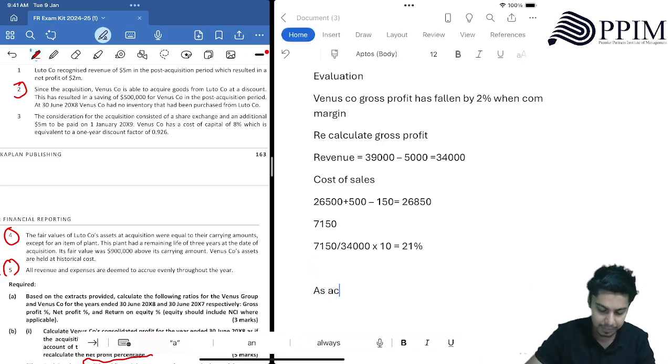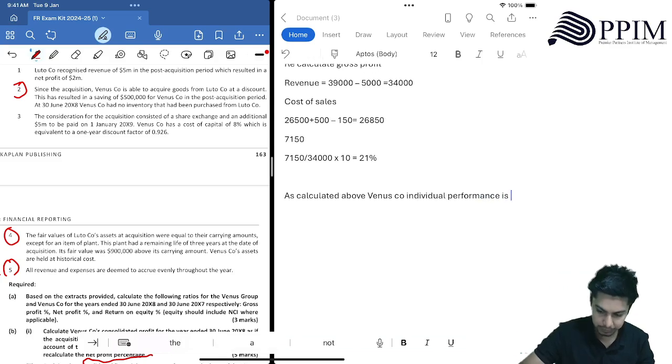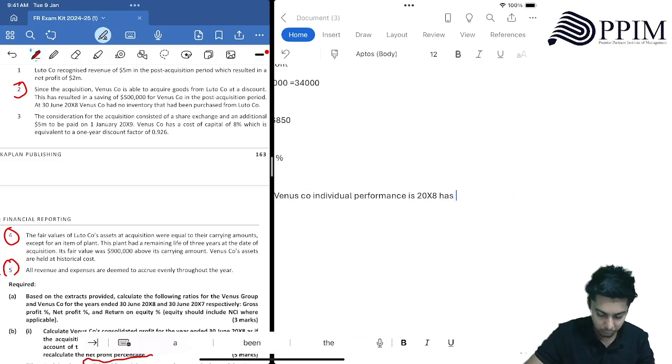Okay, as calculated above, now let's start commenting. As calculated above, Venus Corporation's individual performance in 20X8 has dropped tremendously.